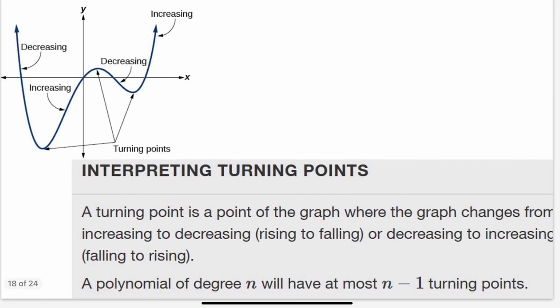So let's look at some examples. If we interpret turning points, a turning point is where a function goes from decreasing to increasing. So a turning point here is going from increasing to decreasing. A turning point is just a minimum or a maximum. So here are some turning points, and here's another turning point.